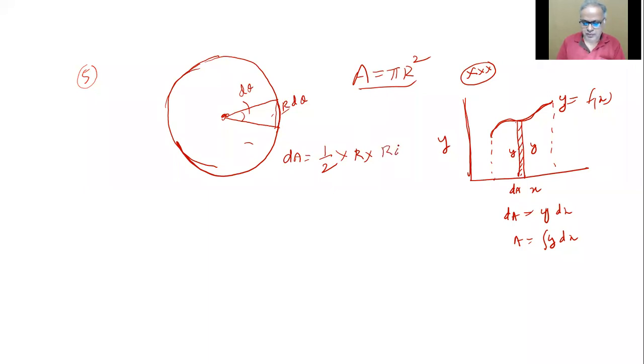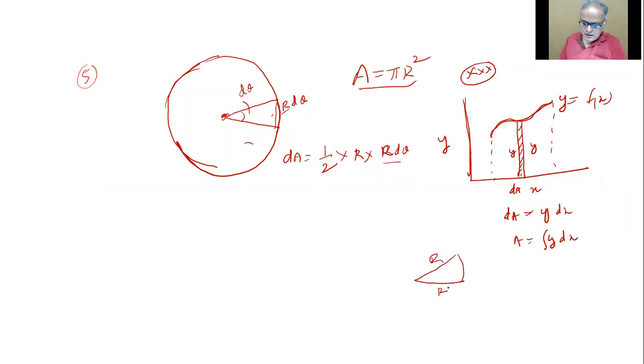If you have a problem here, you tell me. Sir, I didn't get how the height is r d theta. Height is r d theta. I hope you know this. This is r.